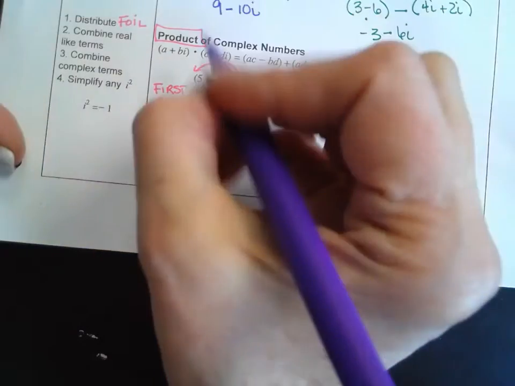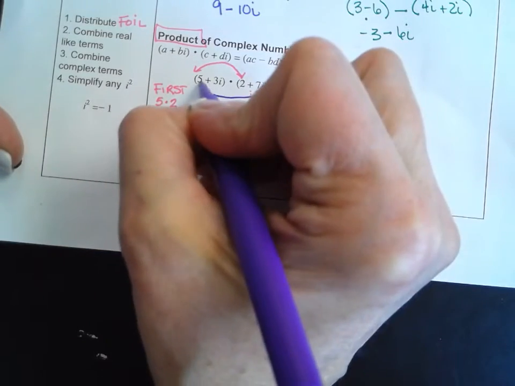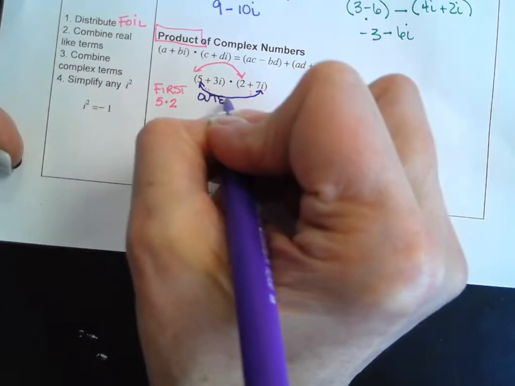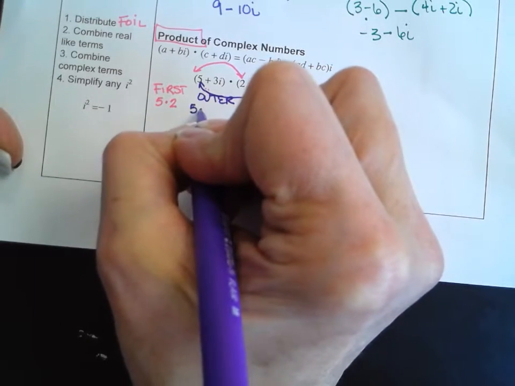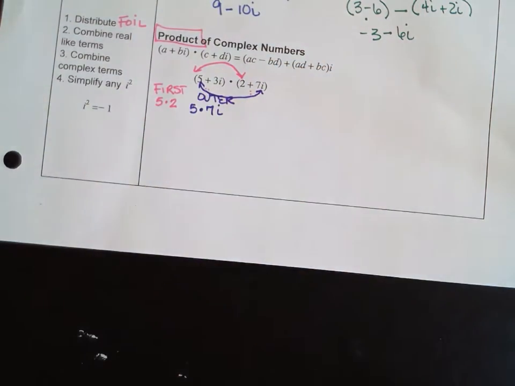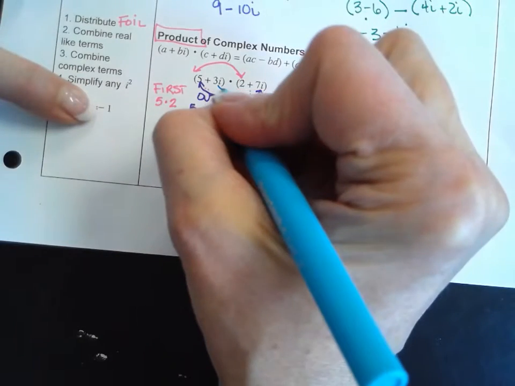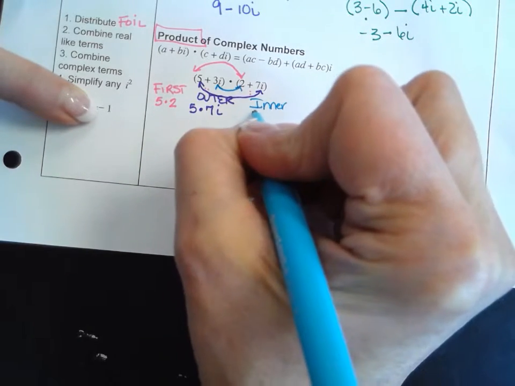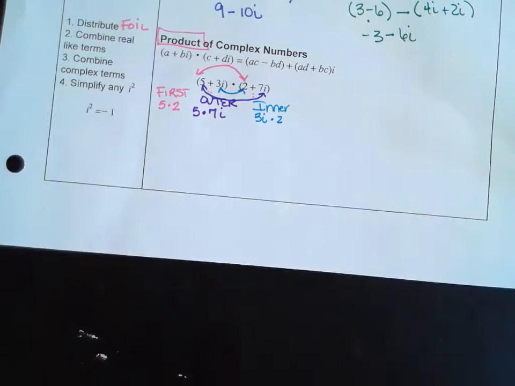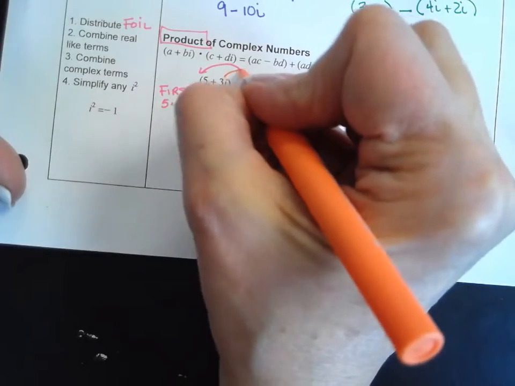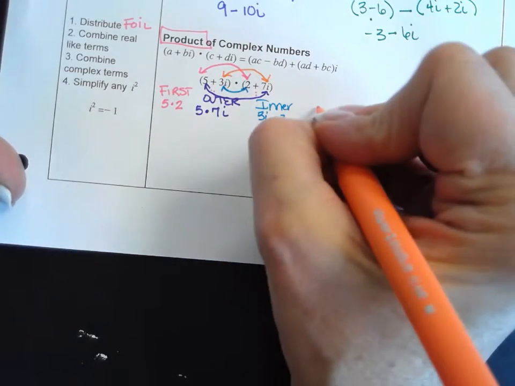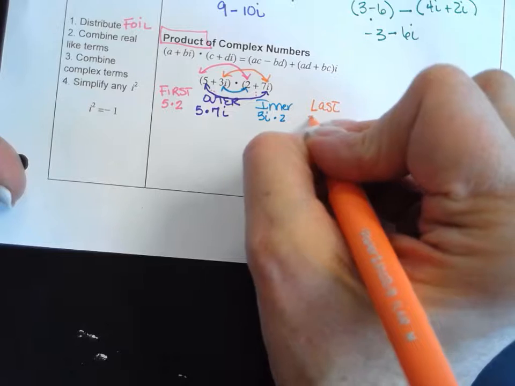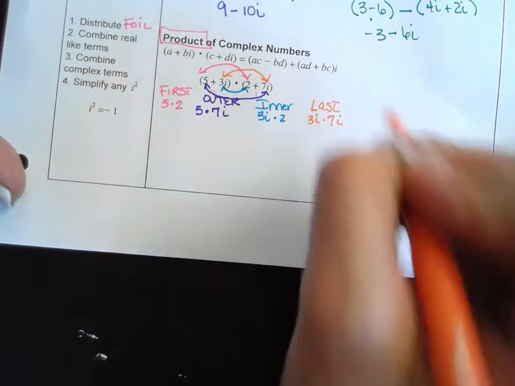And then I'm going to have my outer, which will be 5 times 7i. Then I'm going to have my inner, which is going to be 3i times 2. And then I'm going to have my last, which is going to give me 3i times 7i.